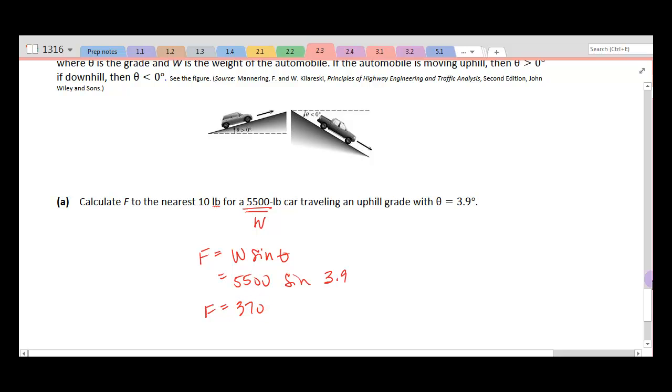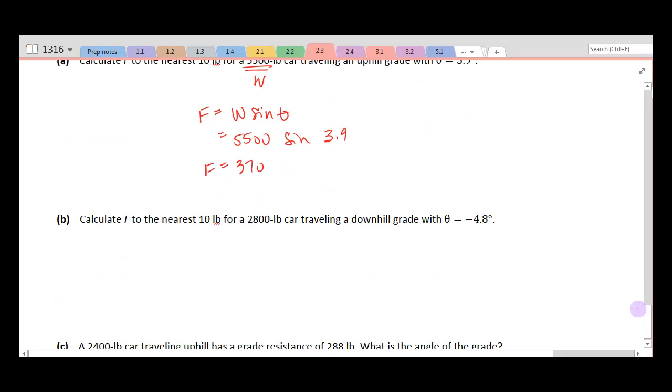Let's do it again. This time I want to calculate F for a 2,800 pound car, and it's traveling downhill at this degree value here. So F is what I'm solving for, and I know that it's 2,800 sine of negative 4.8.